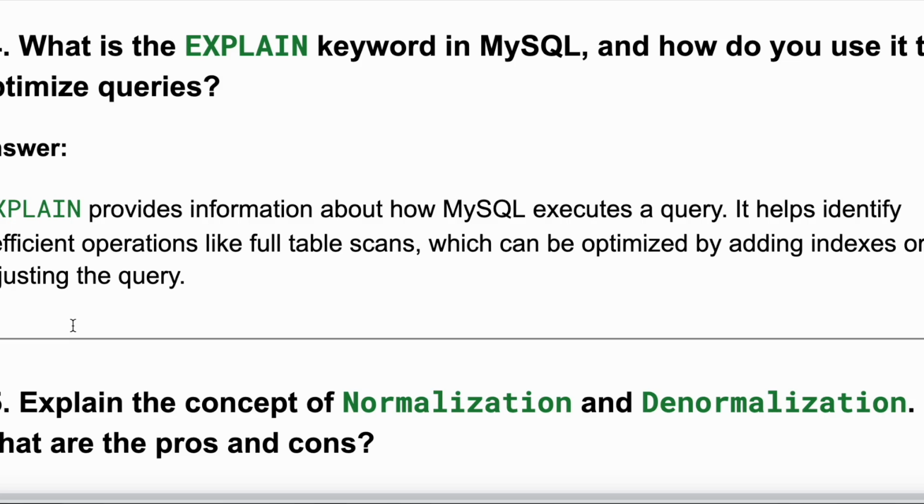It will help you to identify inefficient operations like full table scans, which can be optimized by adding indexes or adjusting the query. So this is used for finding inefficient operations.